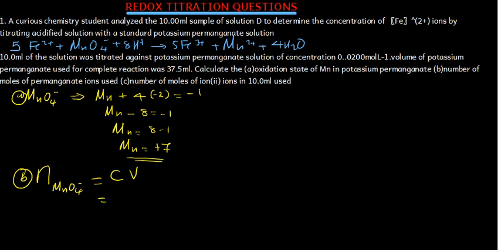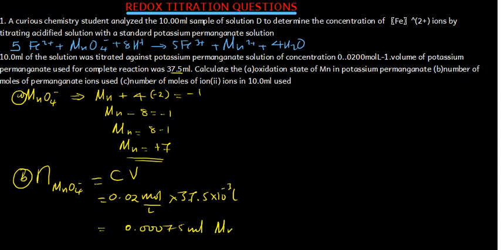The concentration in this case is 0.02 mole per liter, and then we multiply by the volume. The volume required was 37.5, and because it is in milliliters, we convert to liters by multiplying by 10 to the power -3. And so the number of moles we find is 0.00075 moles of permanganate ion.